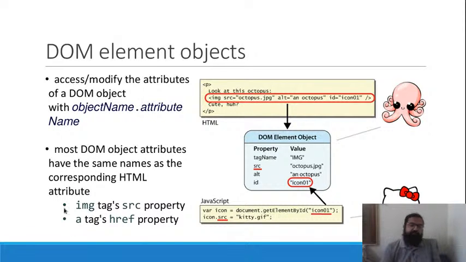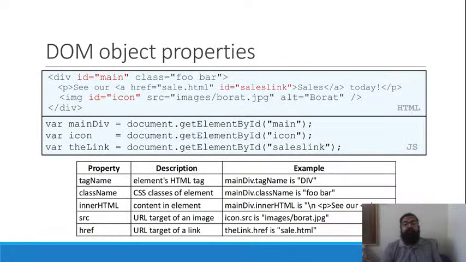For that reason, img has the property src and a has the property href in the DOM.